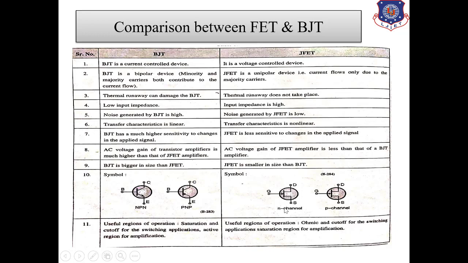While in JFET, the useful regions of operation are the ohmic region and cutoff region for switching applications, and the saturation region for amplification. Again, in BJT saturation and cutoff are for switching, and the active region is useful for amplification, while in JFET ohmic and cutoff are used for switching and saturation region is used for amplification.